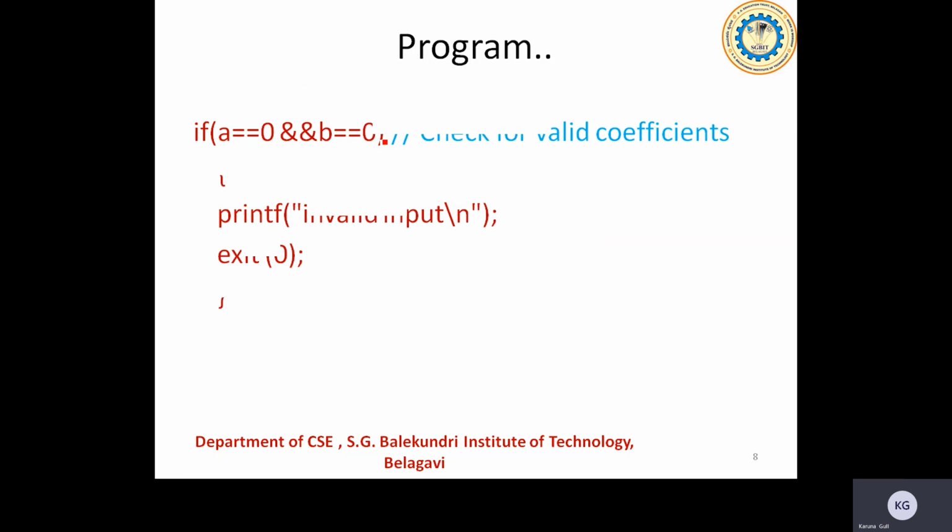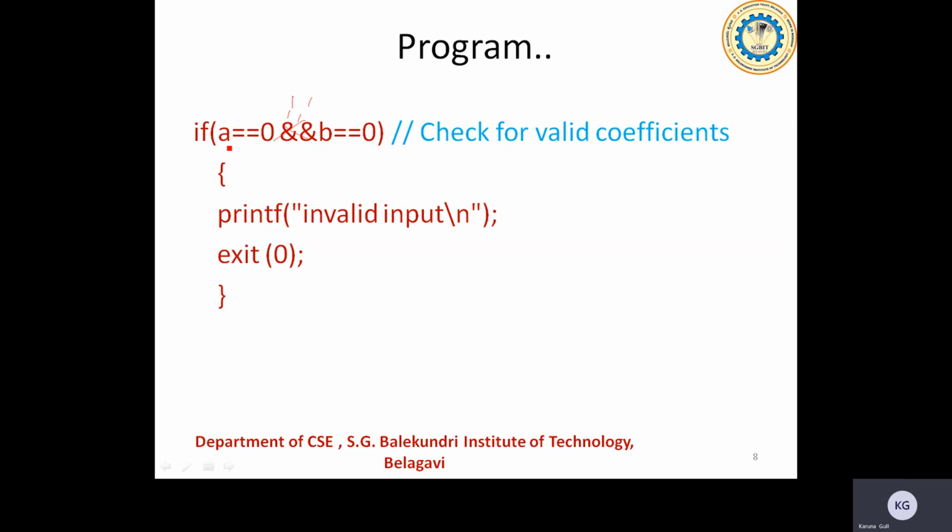Once we read that, what will we check? If you use the OR operation, that is also fine with us, because sometimes if b is read as 0 and a is non-zero, we are still able to find the roots of the equation. So better use the OR operation rather than the AND operation.